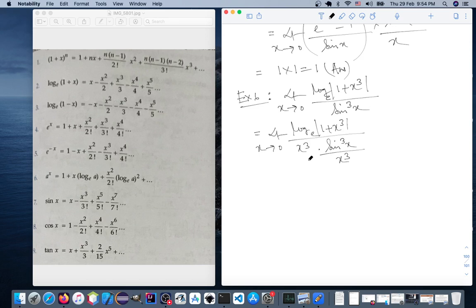So this sine cube x and the x cube, we can merge that as sin x by x whole to the power cube, and we can put in the standard result 1. But can we say that log of 1 plus x cube by x cube is 1?